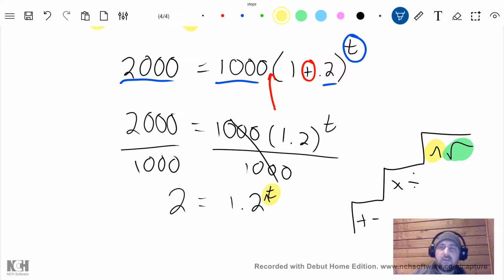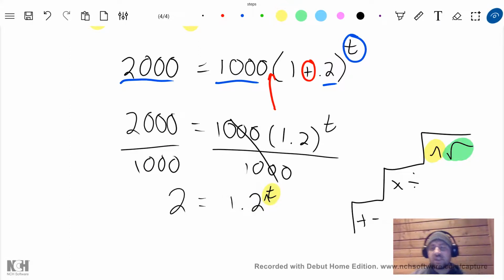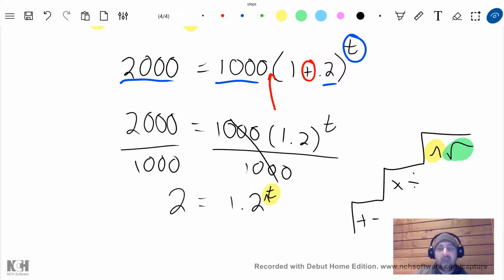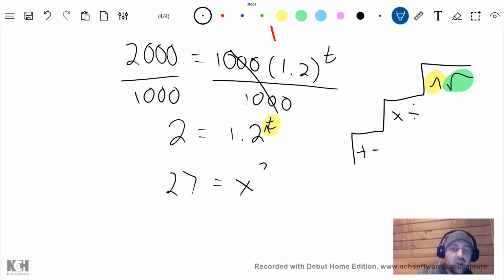Because every time that we've used powers and roots, we've had some kind of thing to a power. Like, for example, if you have something like 27 equals x cubed, here we have a variable as the base and we have a number as the exponent.